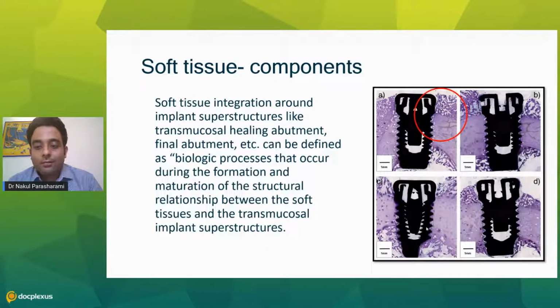Thus, for long term success, careful manipulation and preservation of existing soft tissue is of paramount importance. This is basically checked by the adequate zone of attached gingiva and keratinized soft tissue.